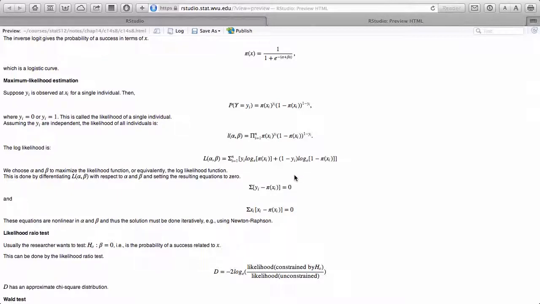Remember that if I have the log of pi to some number y, that's y times the log of pi. And that's why, in other words, pi to the y, if I take the log of that, that'll be y log of pi. And that's why you get y sub i log of pi, and here you get 1 minus y sub i log of 1 minus pi. So that's where that's coming from.